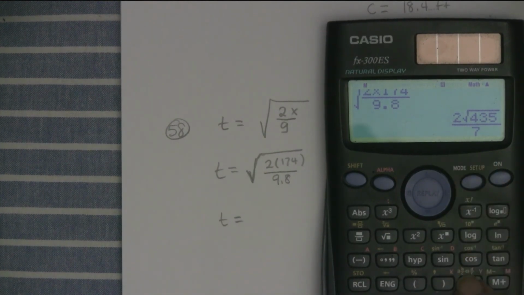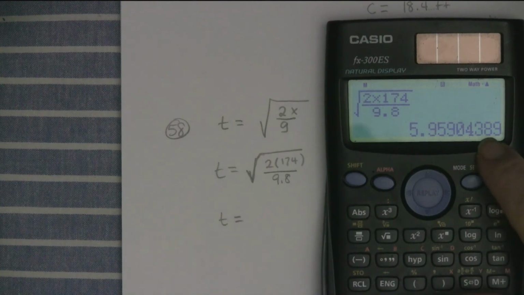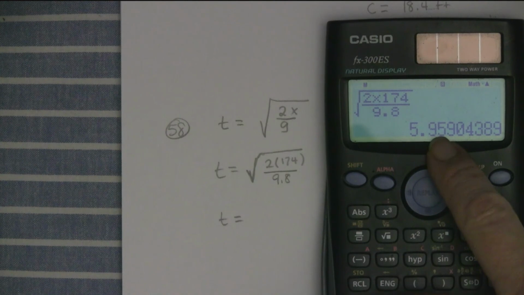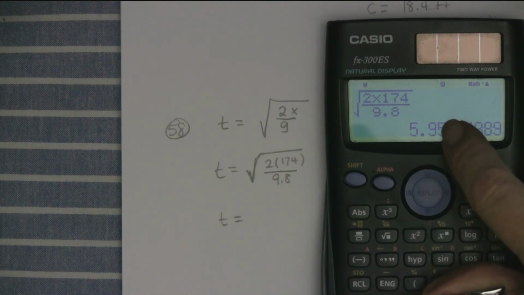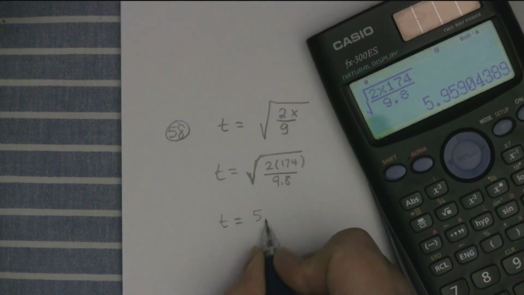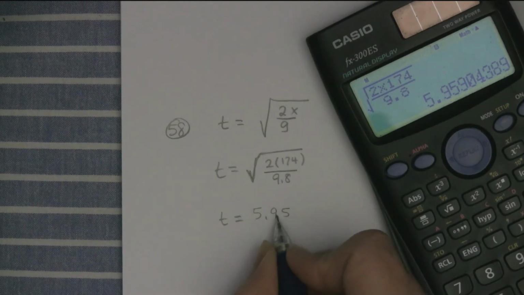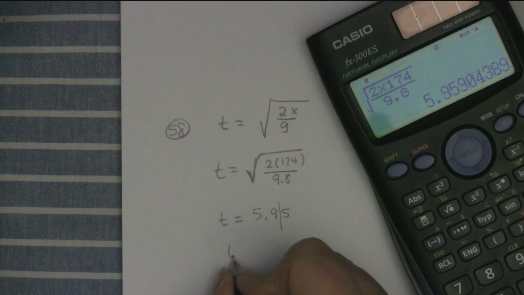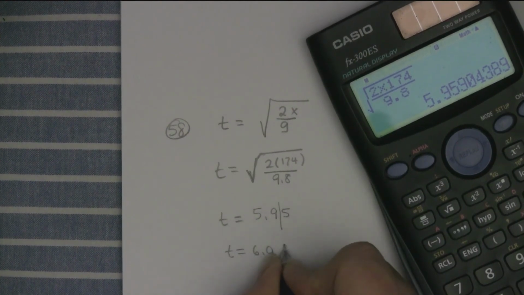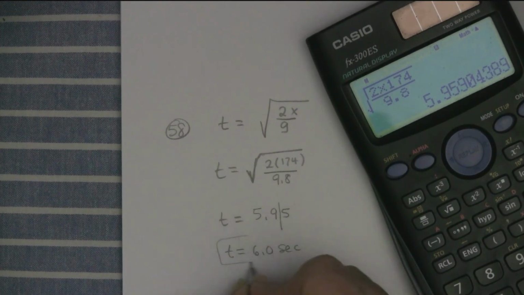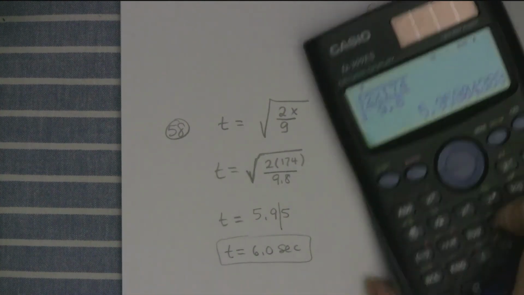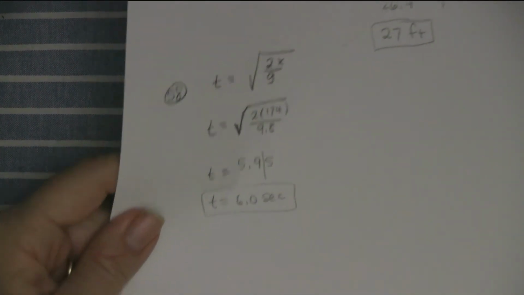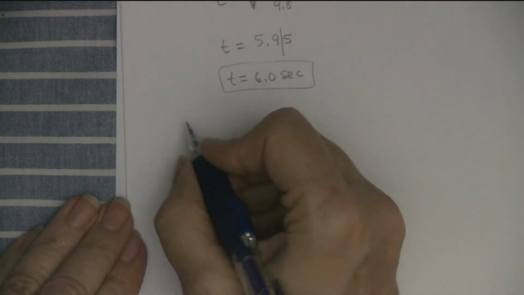Okay, and then I want to get this, and so 5.95, and they said to the nearest tenth of a second, so you would, 5.95 to the tenth would mean here, but you need to round up, so this is t equals 6.0 seconds. Okay, that's how long it would take to fall 174 feet. That's a long time.